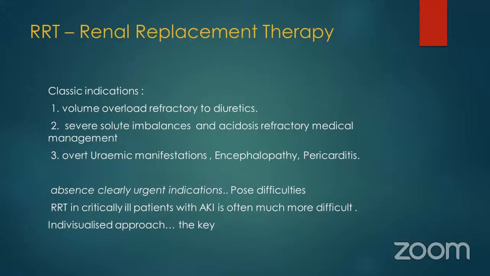These are the clear-cut indications for renal replacement therapy. But the non-clear indications pose a lot of difficulty, when it is borderline whether volume overload is there or not, or acidosis is still borderline and can be treated with medication. For these, I think we have to individualize the approach, discuss with the primary consultant, critical care and nephrologist, and then take a call on whether to go ahead with renal replacement therapy.